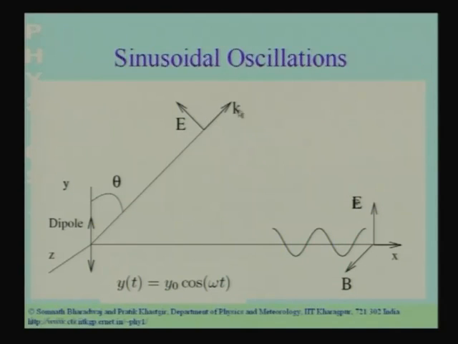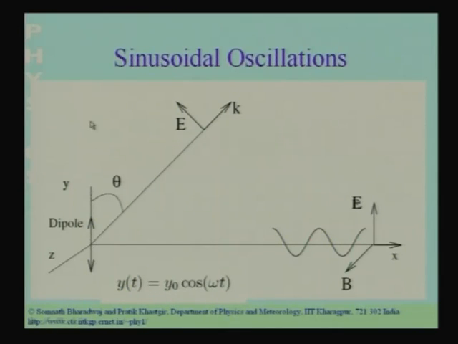So, that is the direction k, this is the wave vector. It points from the dipole to the point where I am calculating the electric field. So, the wave is going to propagate in this direction and the electric field is going to oscillate in this direction. Its magnitude is going to be smaller than the magnitude of the electric field here, by a factor of sin theta, where theta is the angle between this direction and the dipole.